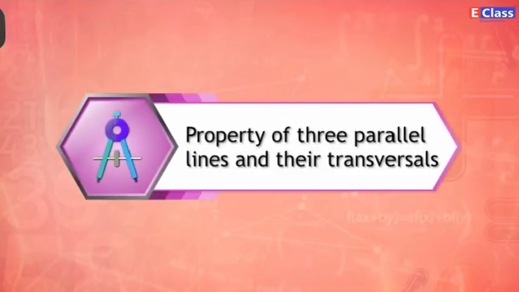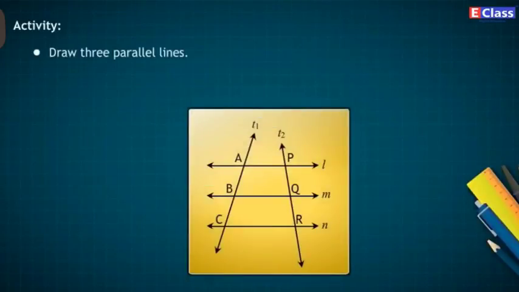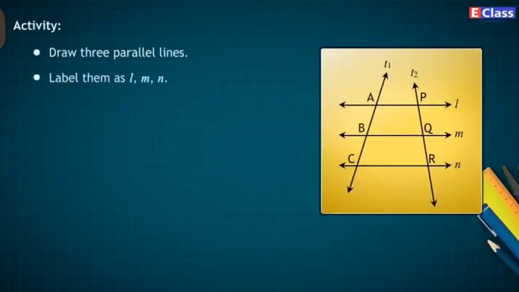Property of three parallel lines and their transversals. Activity: Draw three parallel lines. Label them as L, M, N. Draw transversals T1 and T2.